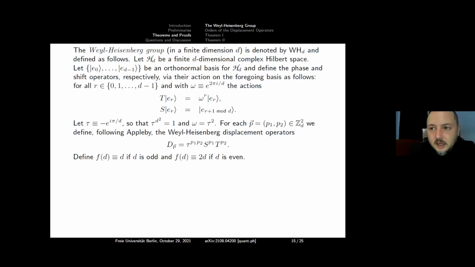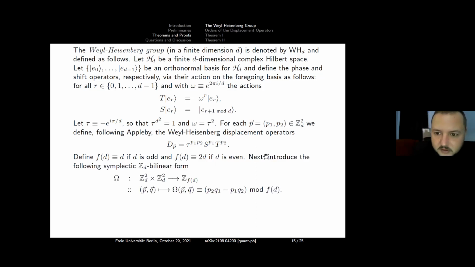I'm going to introduce a symplectic Z_D bilinear form, and by symplectic form, I want to remind you that omega is 0 on (p,p), so it vanishes when the arguments are the same. It's alternating, so omega of (p,q) is minus omega of (q,p). And it's non-degenerate, I forget the exact wording: if omega is 0 for all q, then p has to be 0. Something like this. So this is some symplectic form.